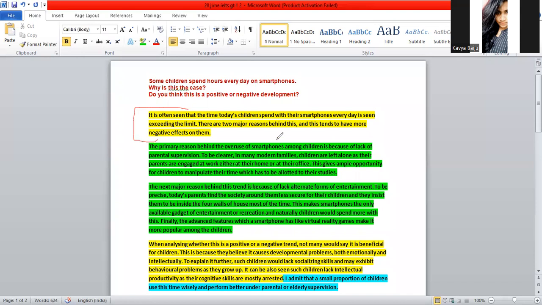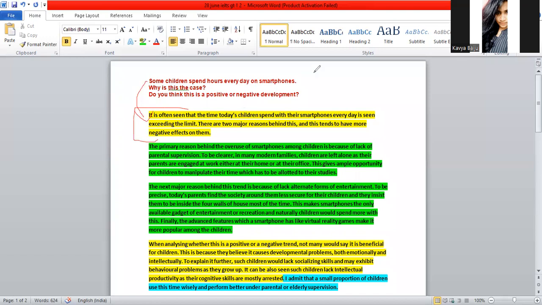The matter presented in the statement is paraphrased here. So it is exceeding the limit, and this is seen.